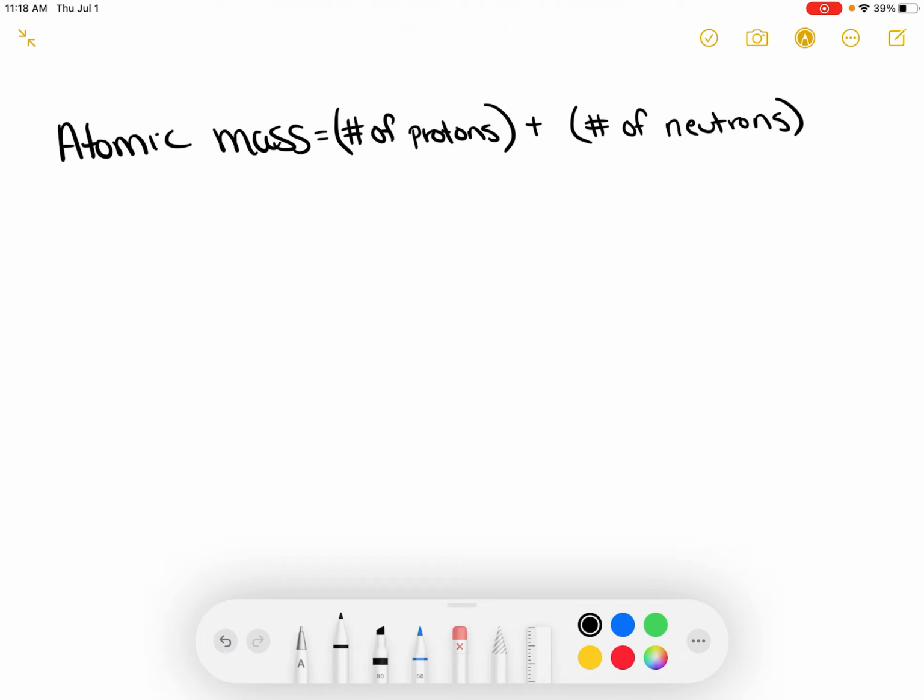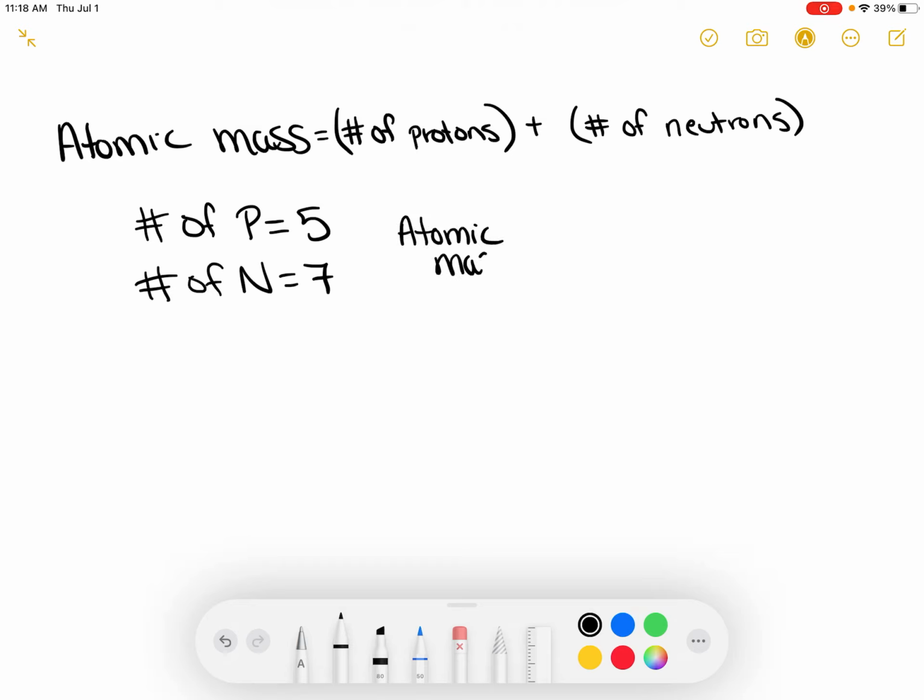If you were given that you have 5 protons and 7 neutrons, you could plug them into that equation and you would get atomic mass equals 5 for the protons plus 7 for the neutrons, and you would get that the atomic mass is 12.